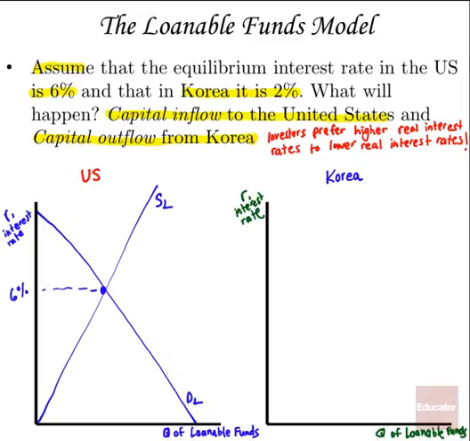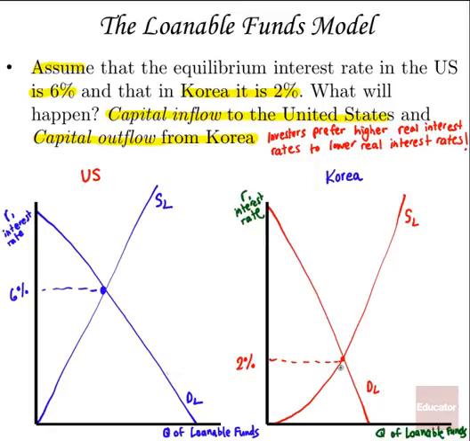Now in Korea, you have the opposite scenario. So let's label it as such. For whatever reason here, the supply of loanable funds, demand for loanable funds, is 2%. So what's going to happen here?